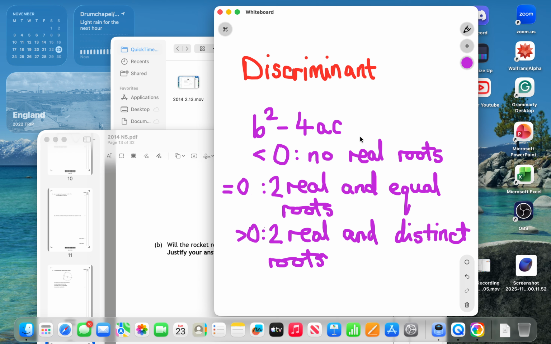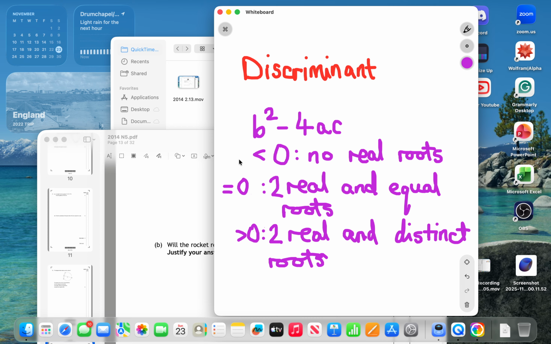As it is here, you find b squared take away 4ac. If that's less than 0, it's no real roots. If it's equal to 0, we have two real and equal roots. And if it's greater than 0, we have two real and distinct roots.